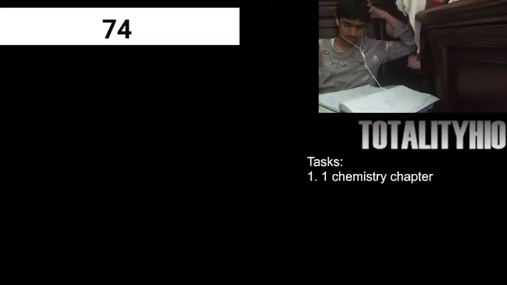Application of equilibrium constant: predict the extent of a reaction. How are we going to do that? If Kc is greater than 10 raised to 3, the products will predominate over the reactants.